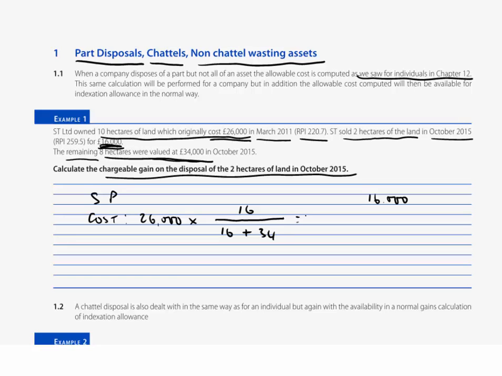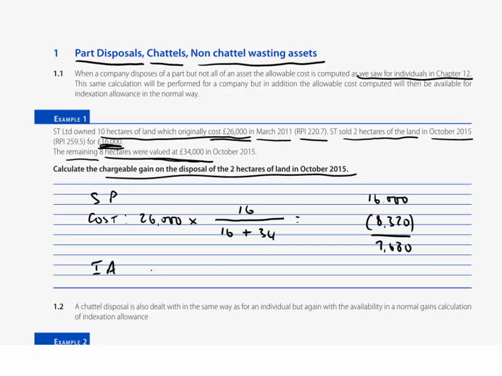So, sale proceeds over sale proceeds plus value remaining, multiplied by your original total cost, that was 26,000, and all being well, that gives us an allowable cost, which I made to be £8,320. Take it away, and we have now not the gain, but the unindexed gain, £7,680 worth of unindexed gain, from which we need to deduct indexation allowance.